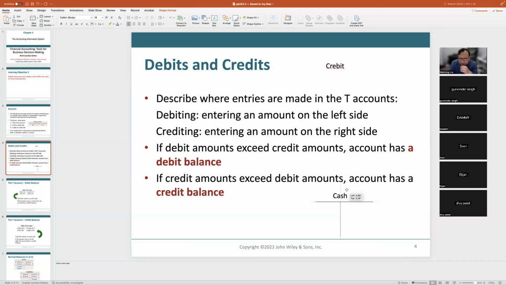If I debit the cash, let's say I first debit the cash $100, which side should I put it on? The left side, 100. And what does this mean? This means my cash balance increased by 100. And then in another entry, I also do a credit of 50.